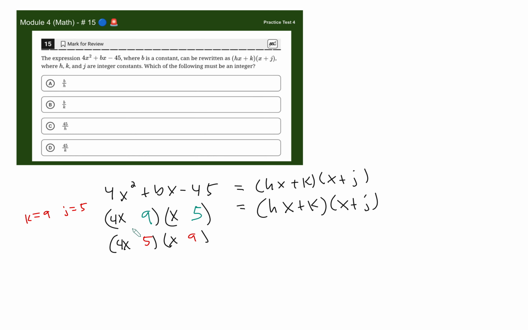And b would actually be, if we were to FOIL this open and collect our outside and inside, that would be our b. So let's do that actually. If we FOIL this open, we're going to get our first. Then we're going to get our outside, plus 20x. I didn't put any signs in there. Then we're going to get our inside, 9x. Then we're going to get our last, which is 45.